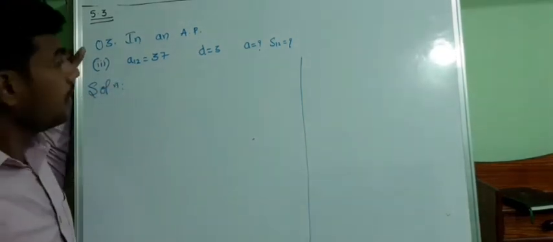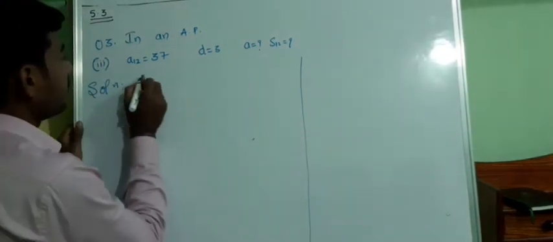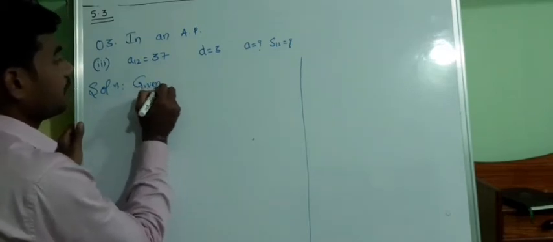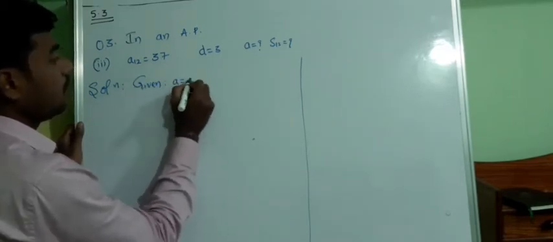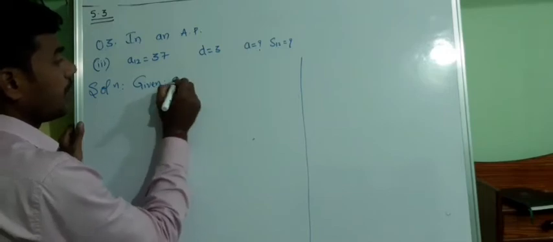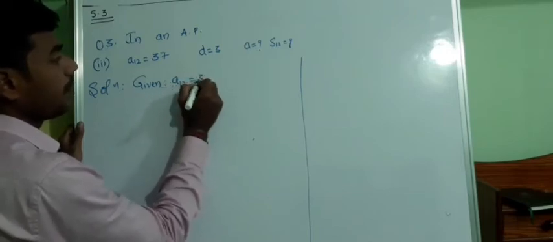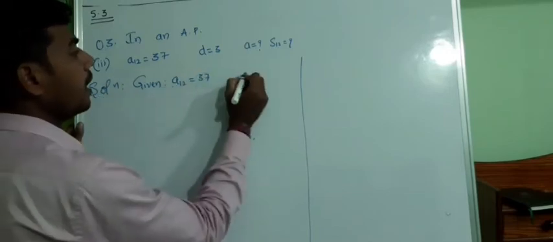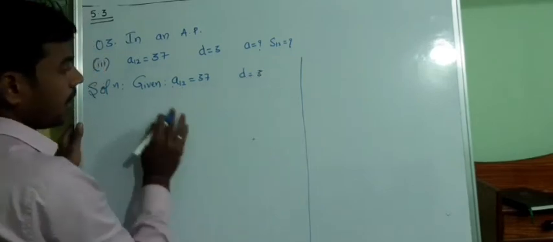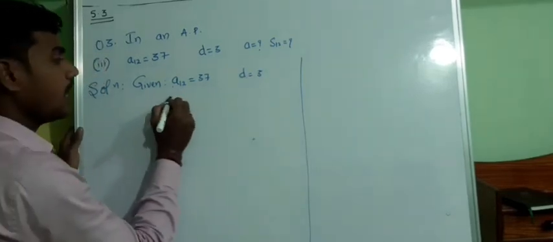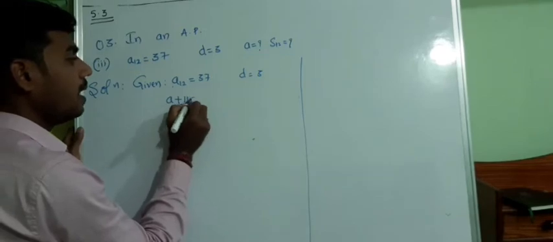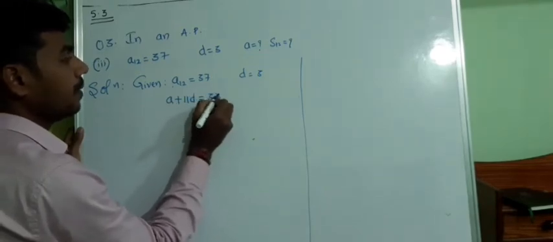What is given to us? A12 is equal to 37. Fine. And D is equal to 3. A12 can be written as A plus 11D is equal to 37.